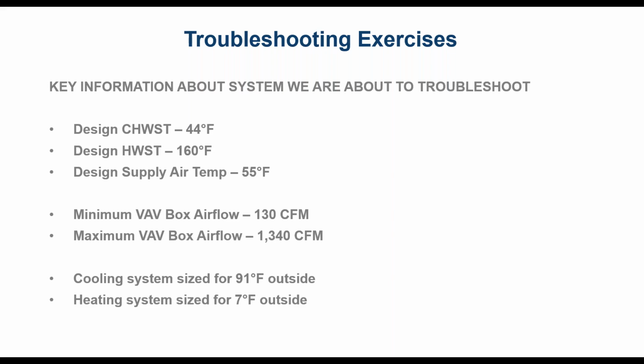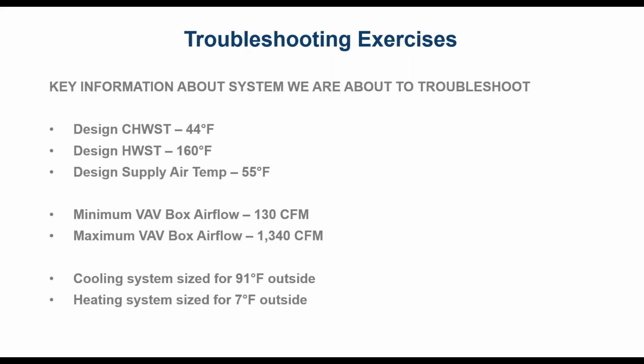All right, so the VAV box that we're going to be looking at, that's the VAV box that's serving a particular space. The one we're looking at has some airflow settings that are coming from the design engineer. They said that during occupied hours, they never want the airflow to go below 130 CFM because they want to provide a sufficient amount of ventilation air to the occupants.